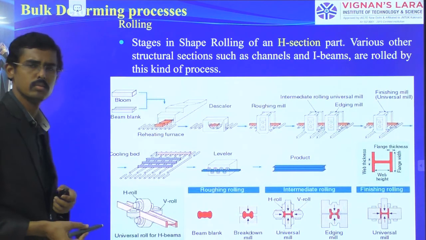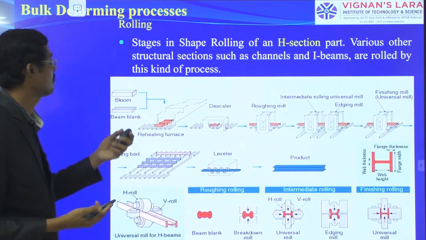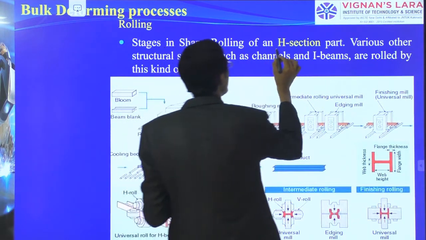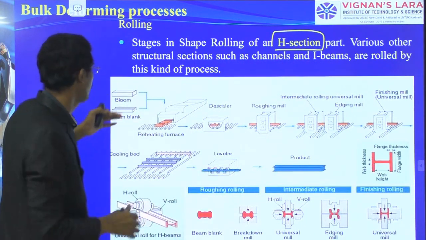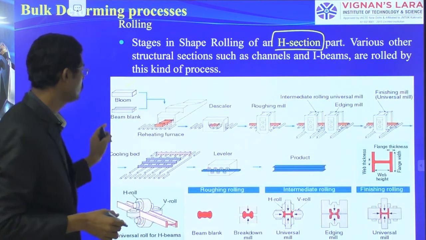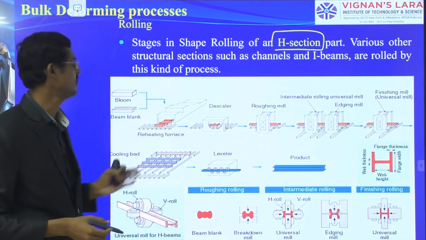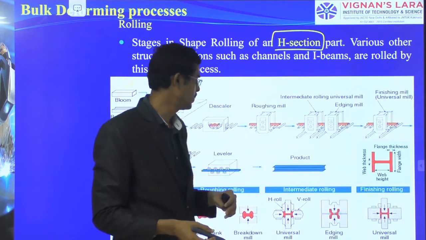Here I want to show how an I section is made, or an H section, how it is made. A simple mechanism from where it is started: we have taken the bloom operations. From the bloom, we do furnace heating, and the roll milling operations or edge milling operations are done.